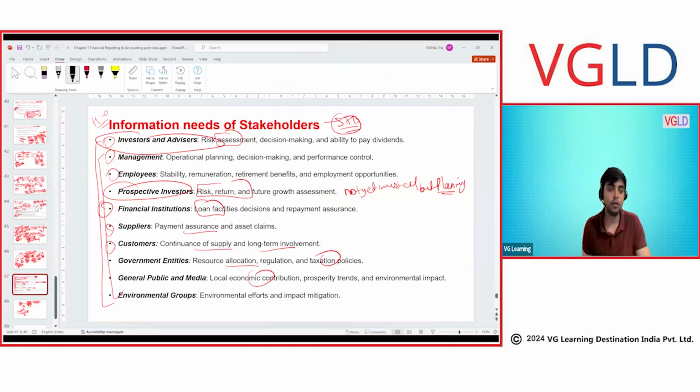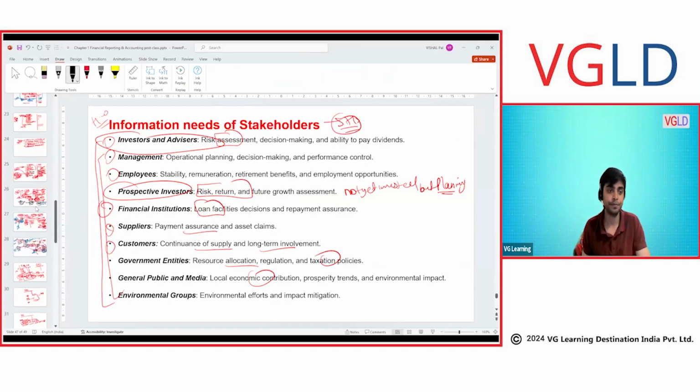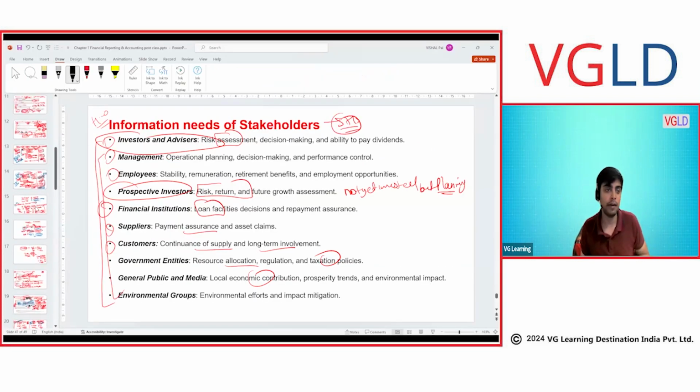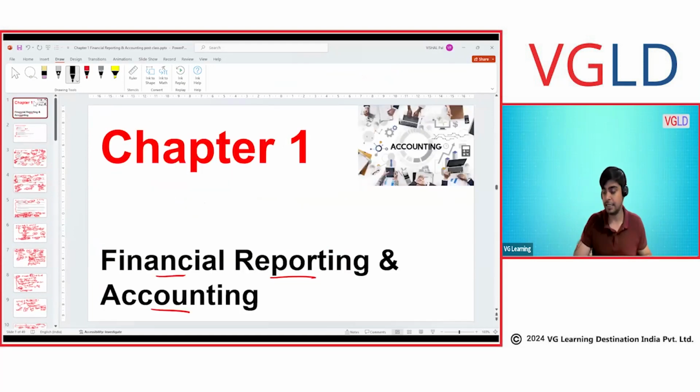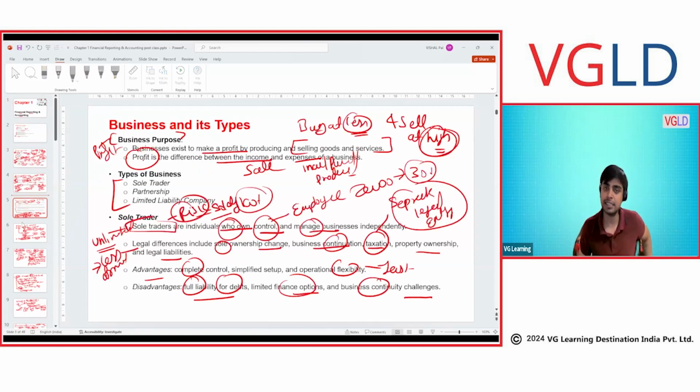With this, we are through with our chapter number 1. I hope you have a better insight after reading chapter number 1. Please, my humble request, do revise this within 24 hours. Try to practice some questions from ACCA Study Hub if you have access, from chapter number 1, or you can try questions from your BPP or Kaplan study kit for the element of financial statement and stakeholder.